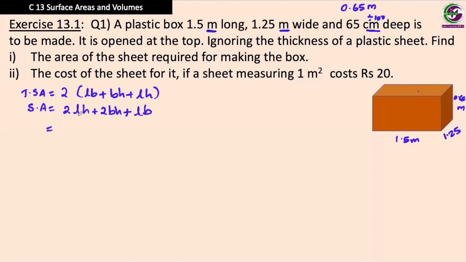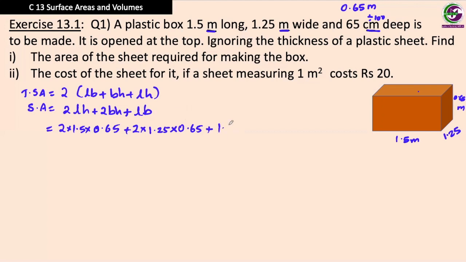Now let us substitute: 2 times length is 1.5 times height is 0.65, plus 2 times 1.25 times the height again, which is 0.65, plus only one time length and breadth.